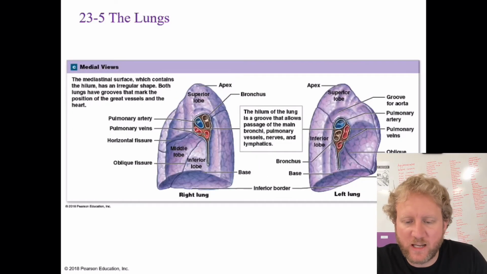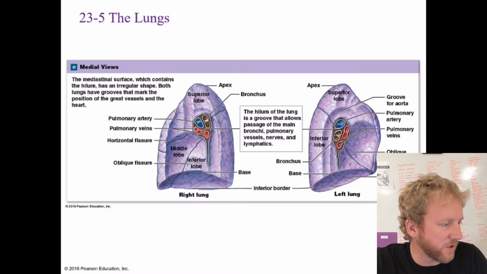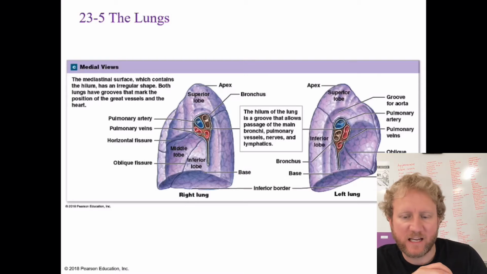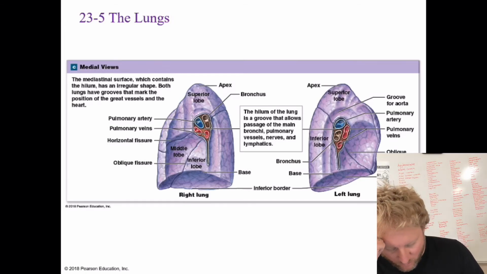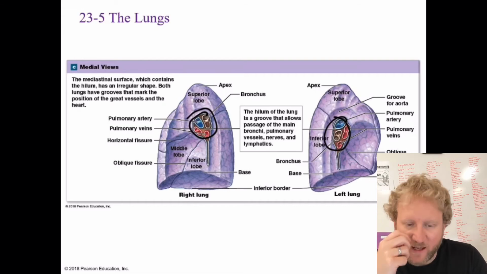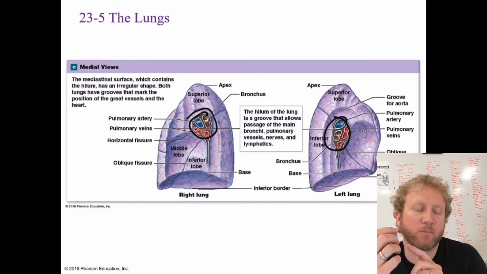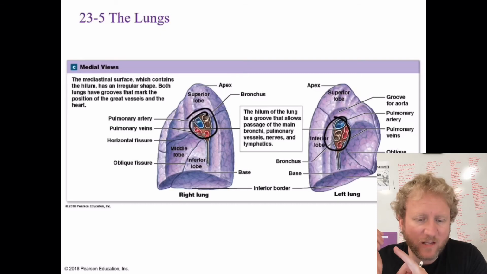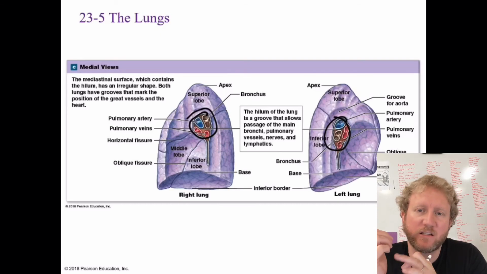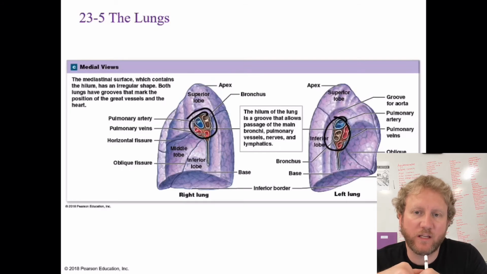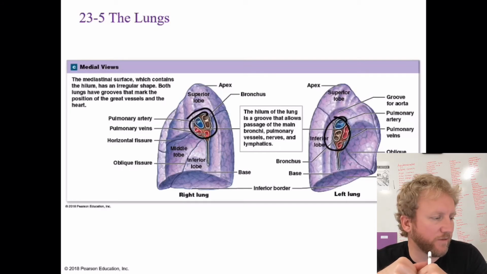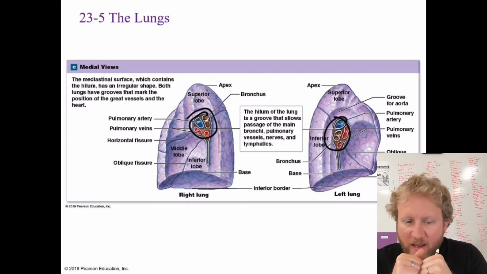We have a region in the lungs kind of towards the center that is known as the hilum. It's a groove, so we've got a cutaway section right here and right here that allows passage of the bronchi as well as the pulmonary veins and the pulmonary arteries to actually enter into the interior portions of the lungs.